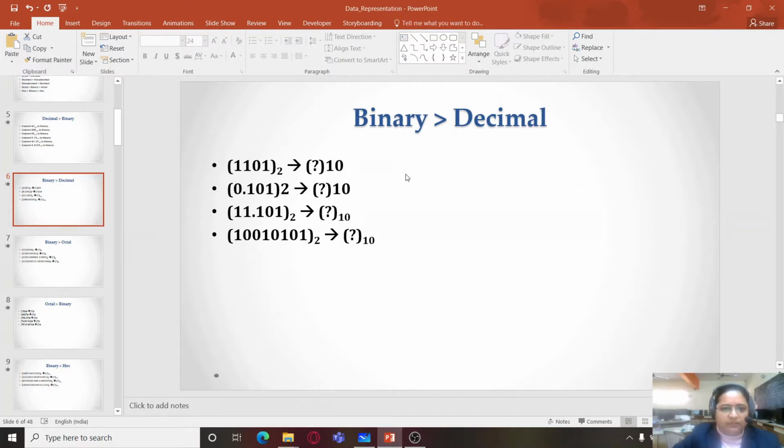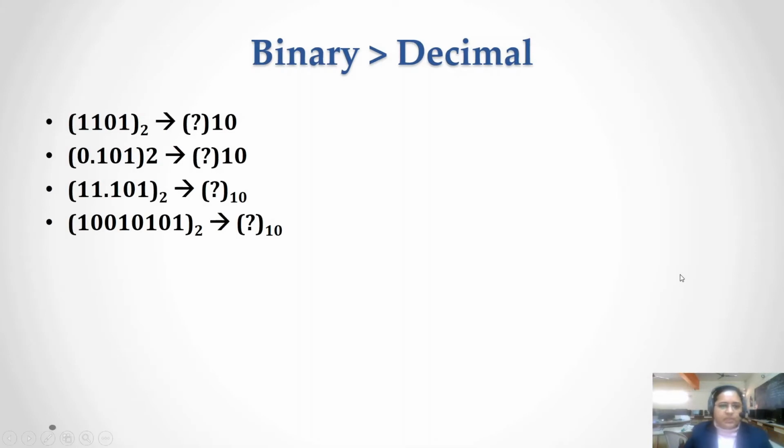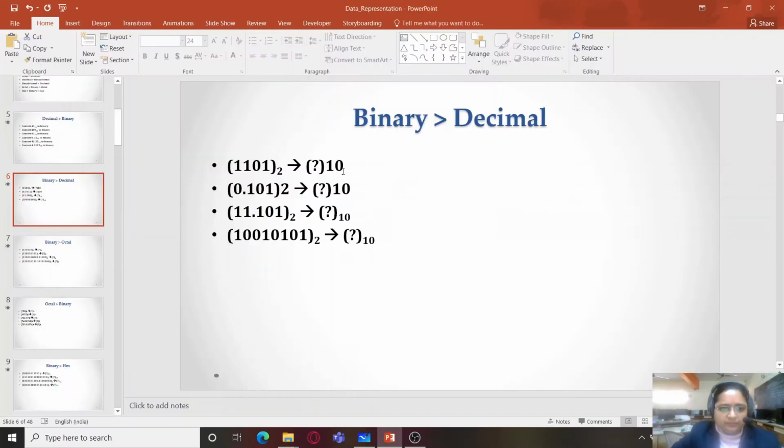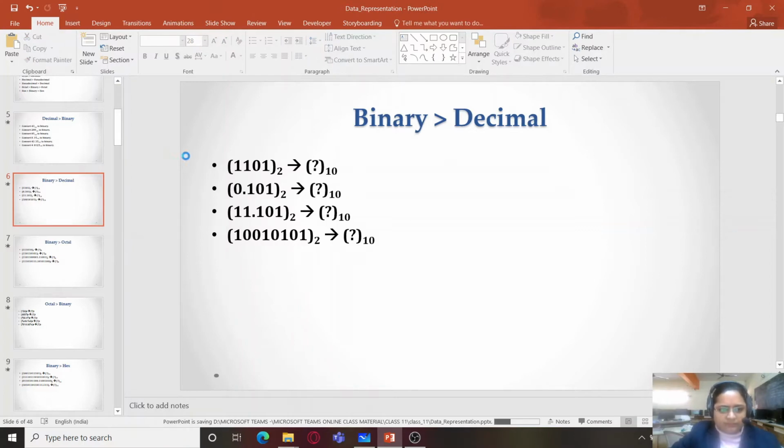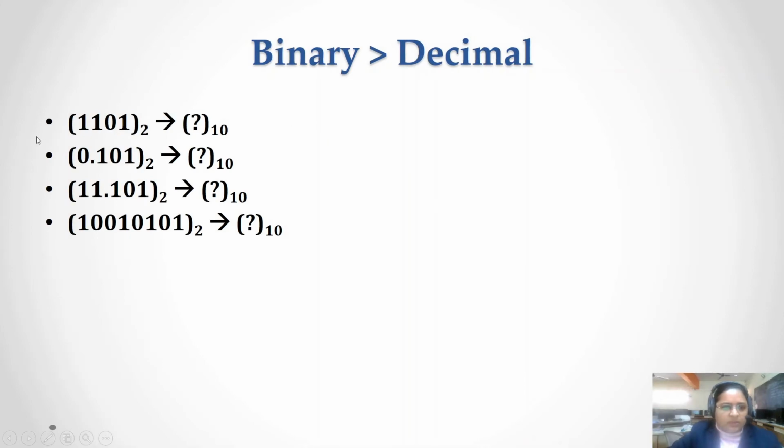As you can see, we are going to discuss from here, that is binary to decimal conversions. So we will take it one at a time. Here the first conversion is 1101 to the base 2, that is binary number to decimal number.